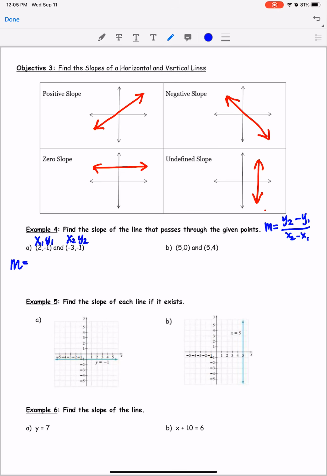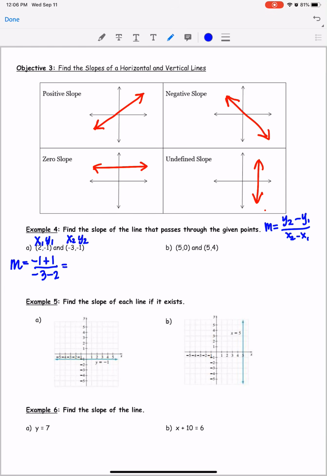So using your formula, slope is y2. My y2 is -1, minus my y1, which is -1, so minus that negative becomes +1. Then it is x2 minus x1, so my x2 is -3, minus my x1, which is 2.